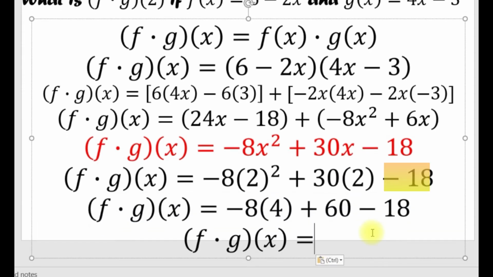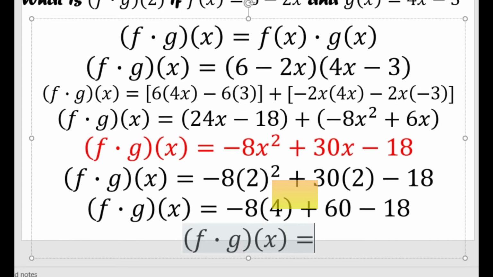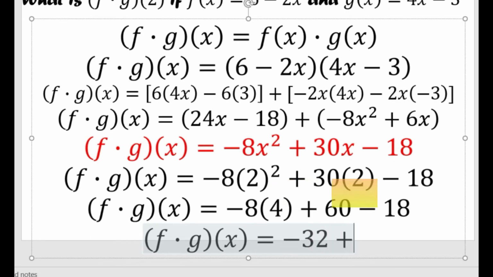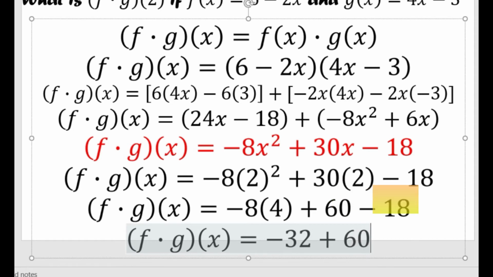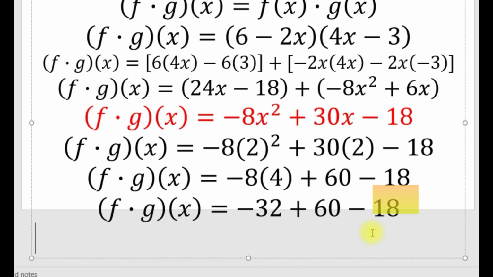Then we'll have negative 32 plus 60 minus 18. So our last step is to get their sum.